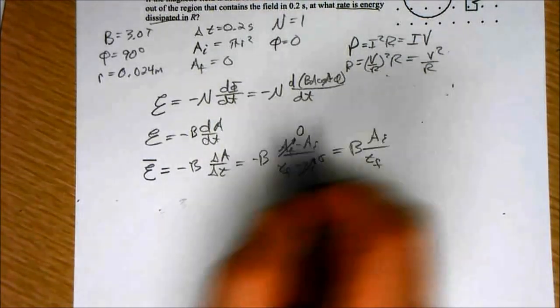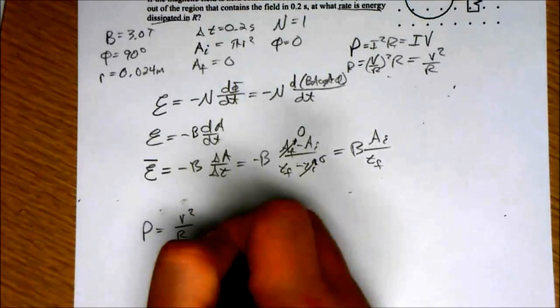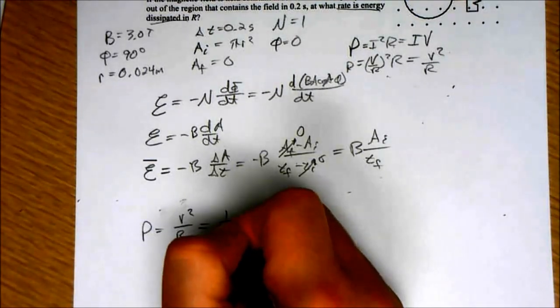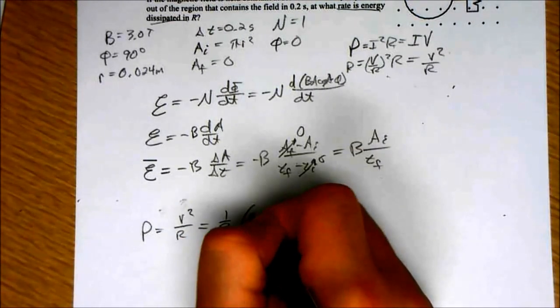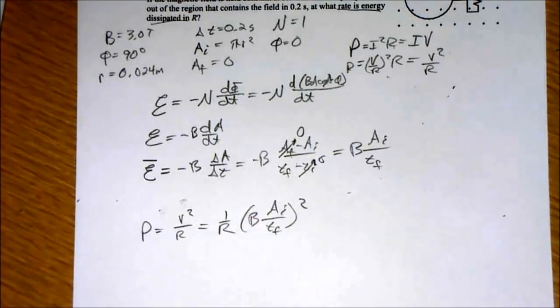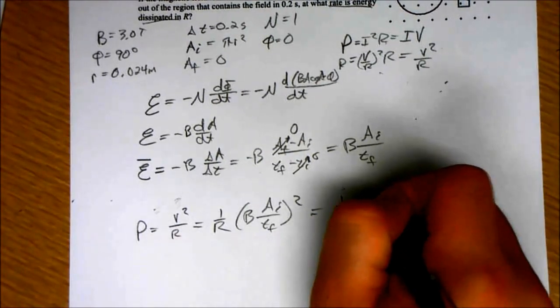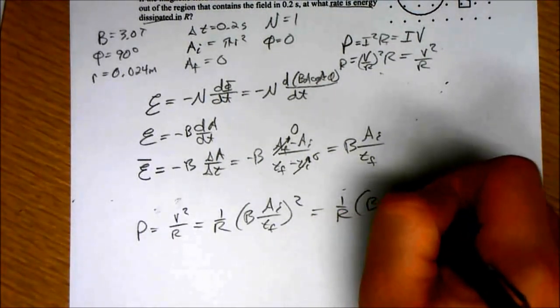So go back to our power equation. Power equals V squared over R. So this equals 1 over R times B A initial over t final, squared, where area is pi r squared.